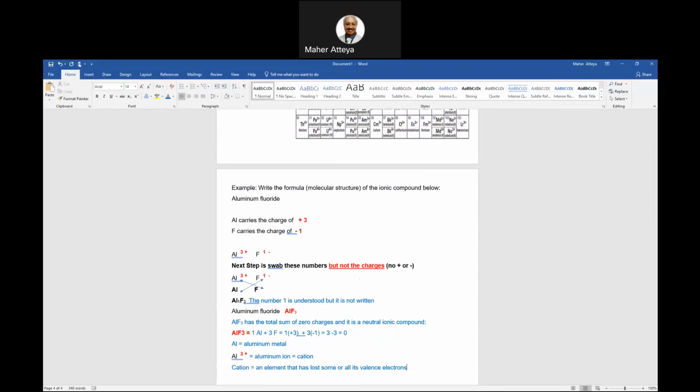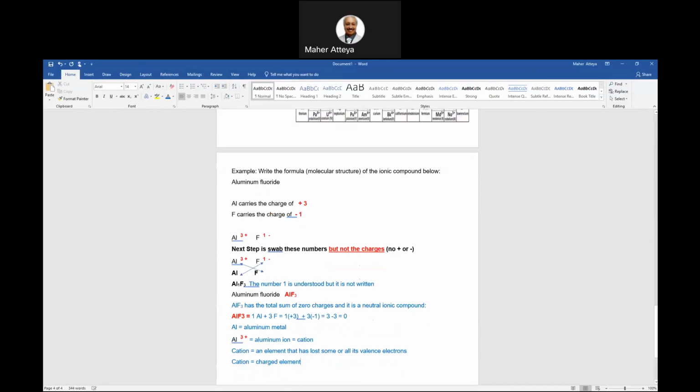Anytime I have a charged element, so this element here has a charge on it. It's not neutral. It is positively charged, correct? So that's what we call it: cation.